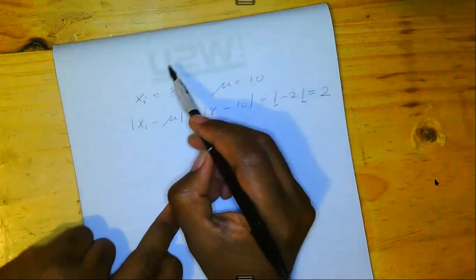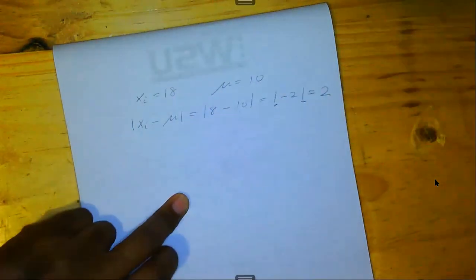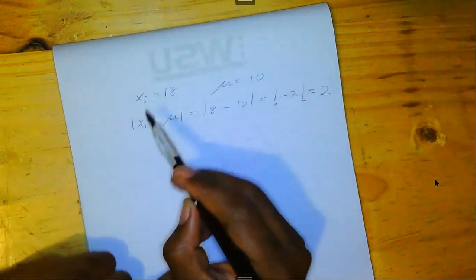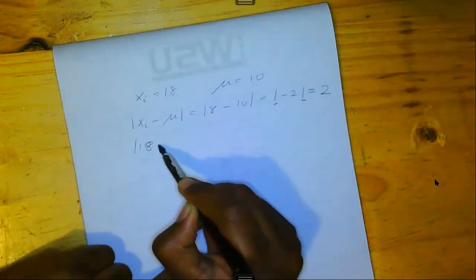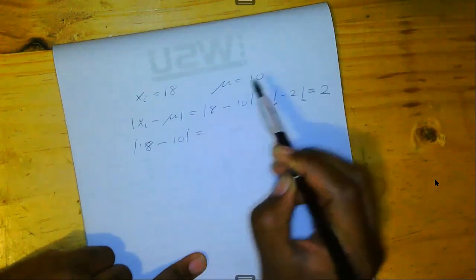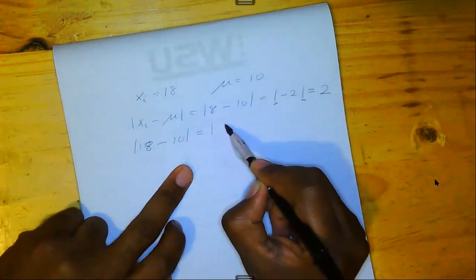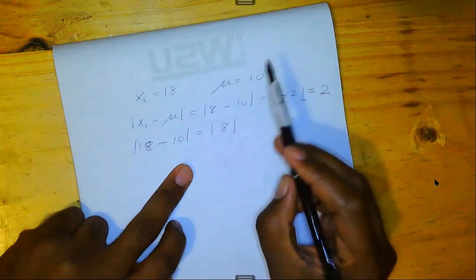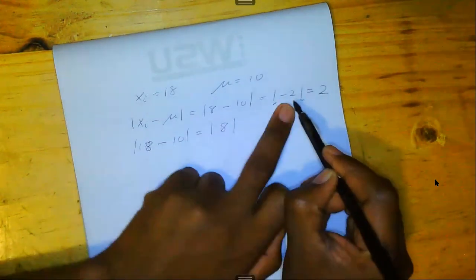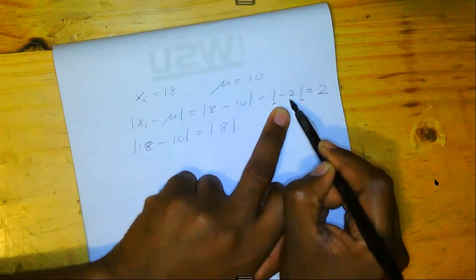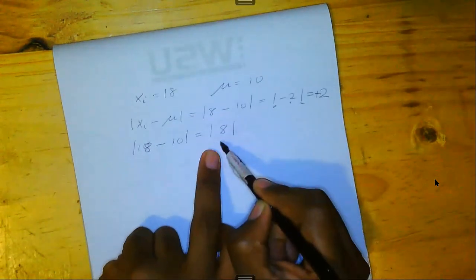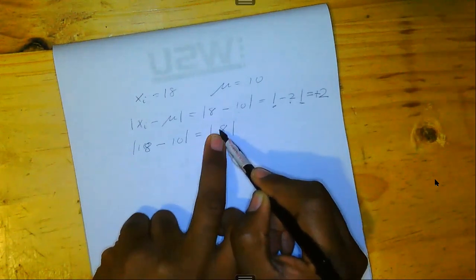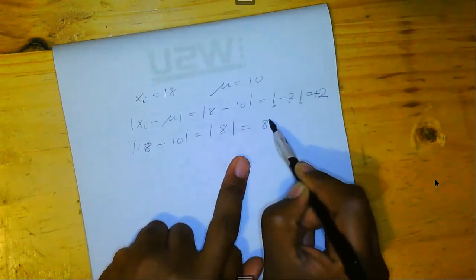But if we had, for instance, 18 and the mean 10, then 18 minus 10 is going to give us positive 8. On the first side we said if it's negative, make it positive, but here we say if it's positive, keep it positive.